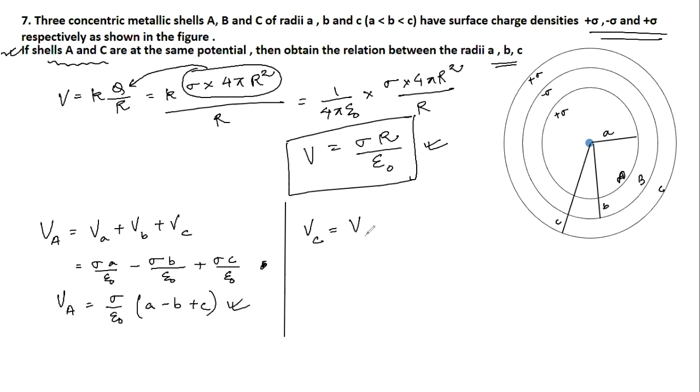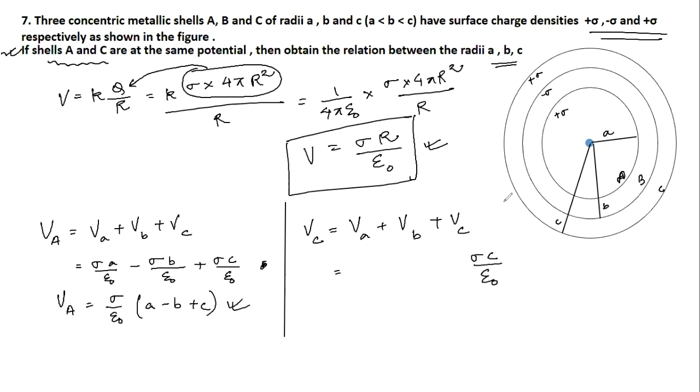That means potential due to A, potential due to B, and potential due to C surface itself. So when we find potential due to C, it will be nothing but sigma C by epsilon naught.